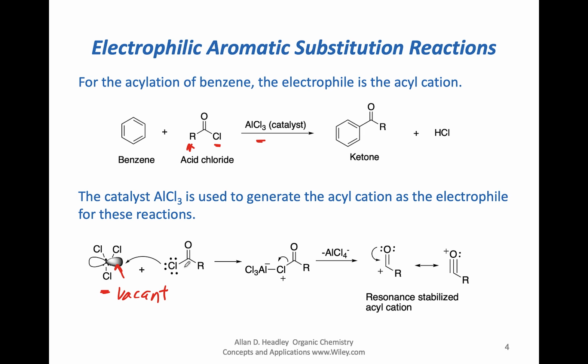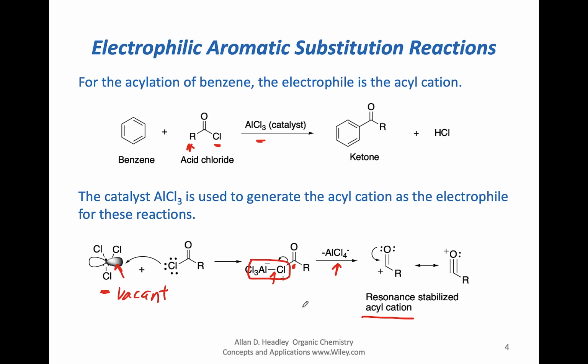And the importance of that is that it's now pulling these electrons from the chlorine to form this bond right here and making this even more electrophilic. So once this comes off as AlCl4 negative right here, we have what's generated here as the acyl cation.